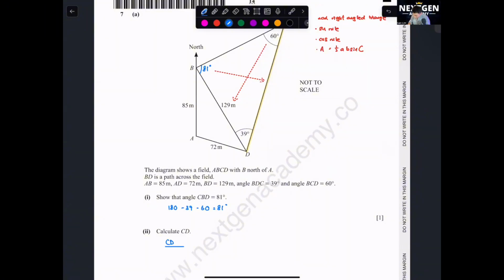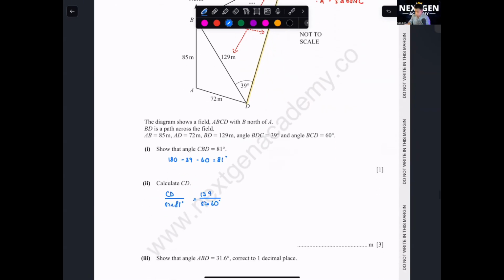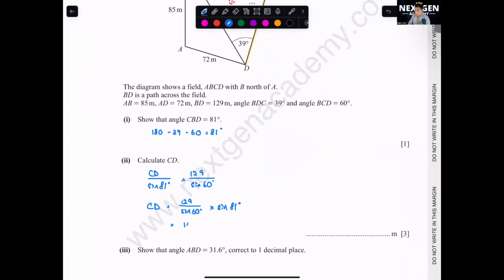CD over sine 81 equals 129 over sine 60 degrees. CD, just bring the value over, times sine 81 degrees. Put in the calculator, we will get 147.1.